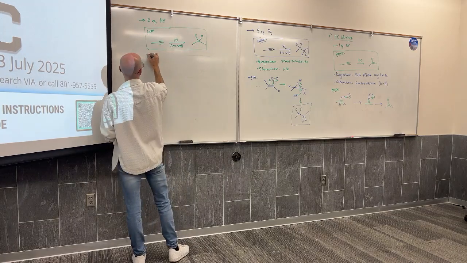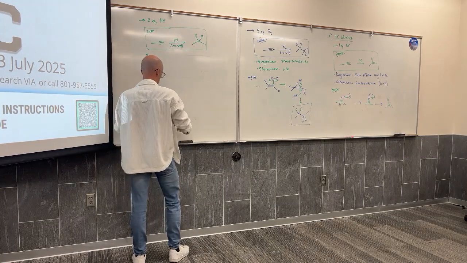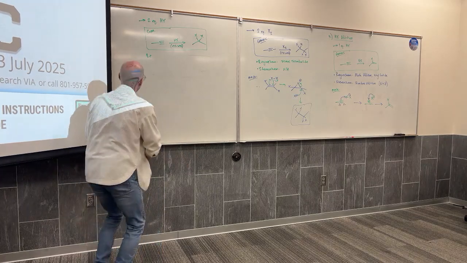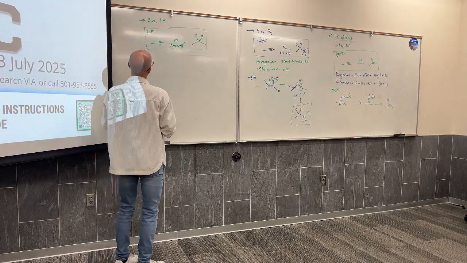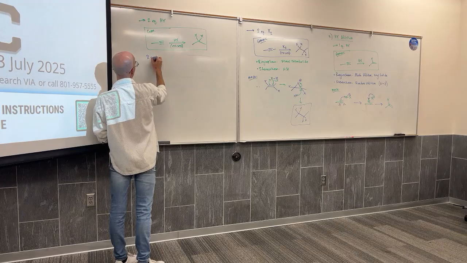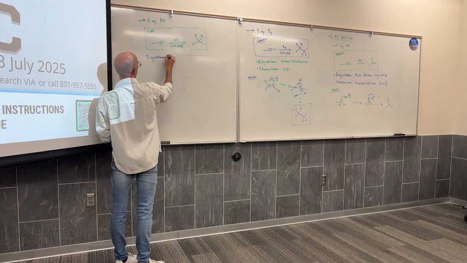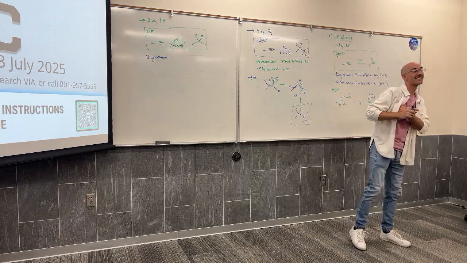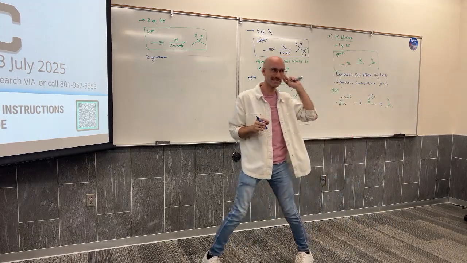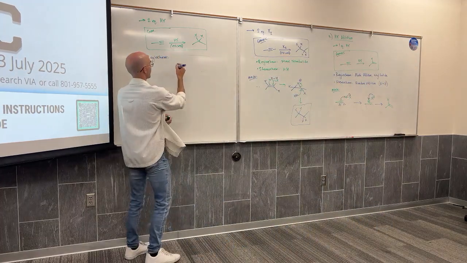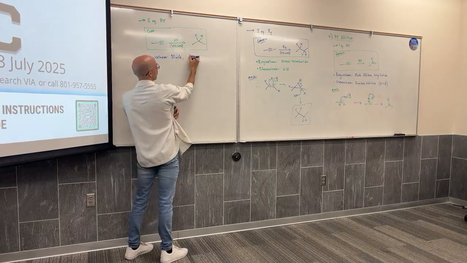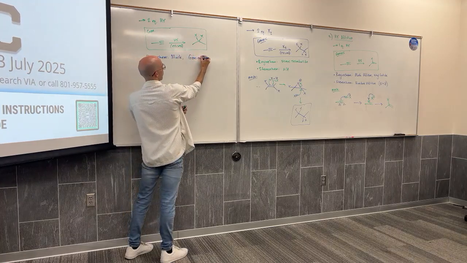Talk to me about the regiochemistry. It is Markovnikov still. Geminal dihalide. Good. So Markovnikov addition, that makes sense. But this gives me a geminal dihalide.